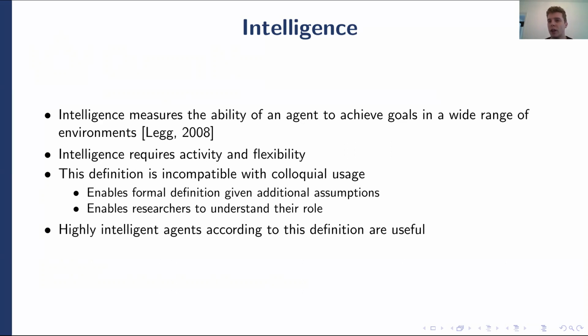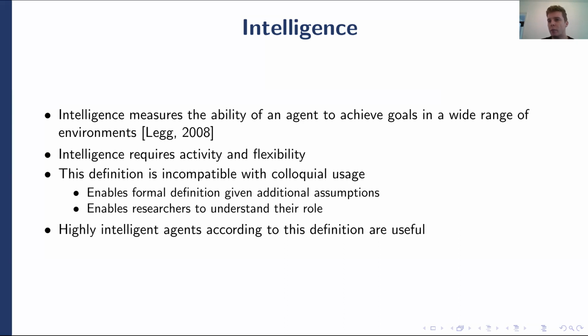Now, even if you disagree that this is a good definition of intelligence, I would argue that highly intelligent agents, according to this definition, are useful. So even if you don't want to call my definition intelligence, you should probably still agree that having agents with these kinds of capabilities will be useful in the real world.